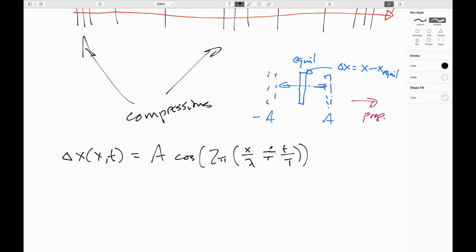Again, remember the minus sign means you're going to the right, plus sign means you're going to the left, as far as the direction of propagation goes. So it's mathematically the same sine. Since you represent it mathematically the same way, you still say that the speed is equal to f lambda and so forth.